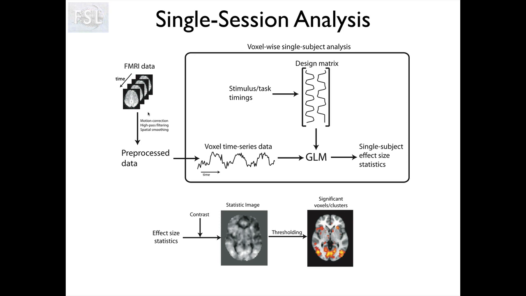You run MCFLIRT to do the motion correction, you do some high-pass filtering, but there's not much leeway for you to change things here. Same here. Once you have your statistic image, there's only so much you can do in terms of doing this thresholding. Obviously it's important that you understand how it is done. It's important you understand why it is done, but there isn't really that much you can do to affect it.